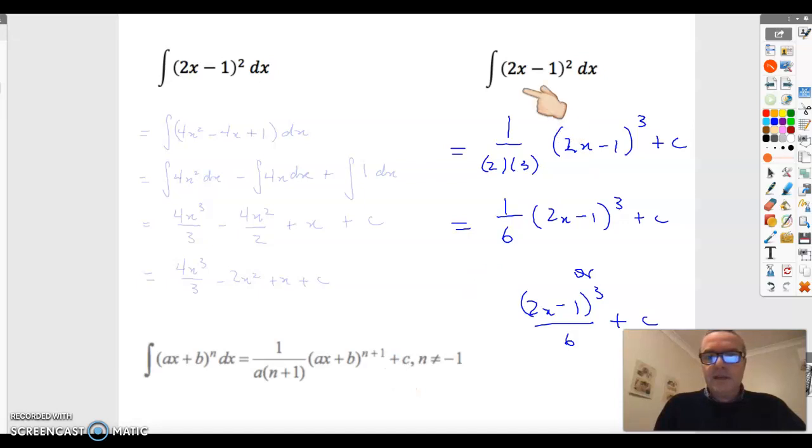So in this case, ax plus b is our 2x minus 1 pattern, and n is equal to 2. So there's our 1 over a, n plus 1, ax plus b to the power of n plus 1. Our constant of integration. And when we've got 1 over 6, we can either write that as a coefficient or we can divide the expression by 6. Either way, they are the same.